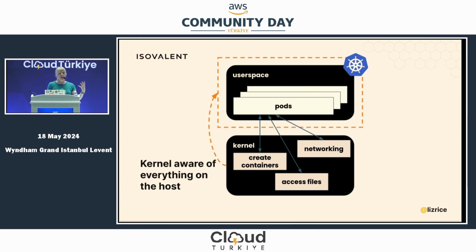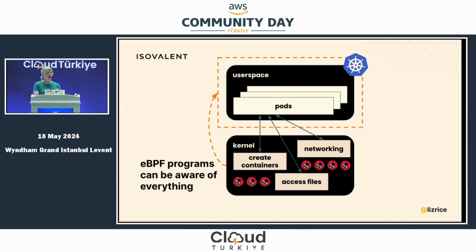So the kernel knows what's happening across all of our applications in all of our pods on that given Kubernetes node. And that means if we instrument the kernel on that node, we can be aware of and influence what's happening across that whole node, across all of the applications that are running in those pods.